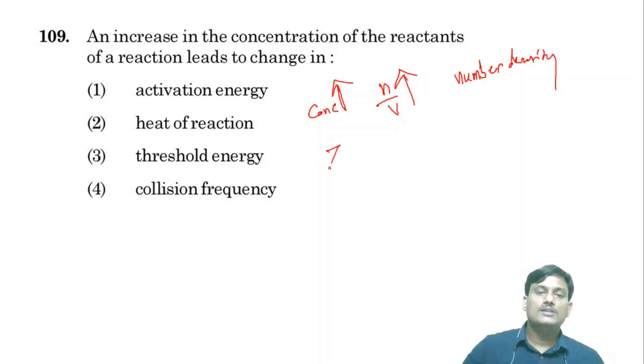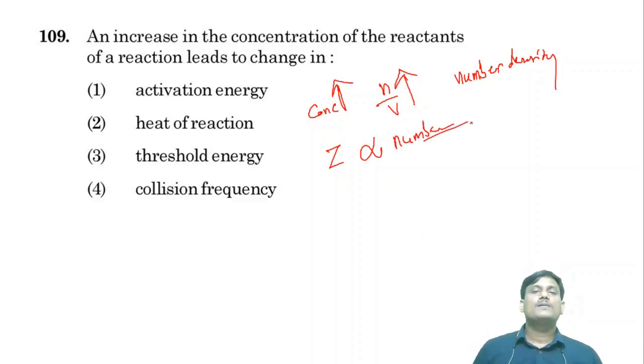Here collision frequency is directly proportional to number density, meaning the number of molecules per volume. We know that as the number of molecules increases, the number of collisions per unit time increases. Hence, there is an increase in collision frequency.